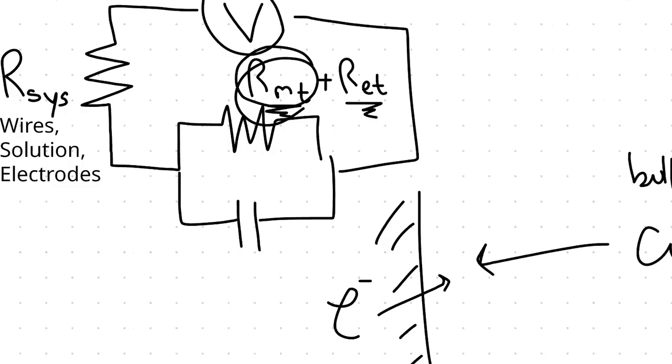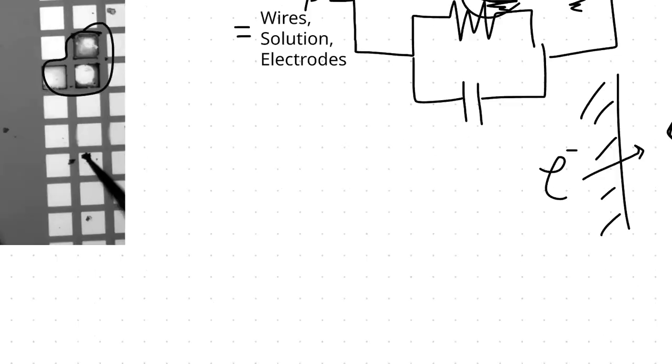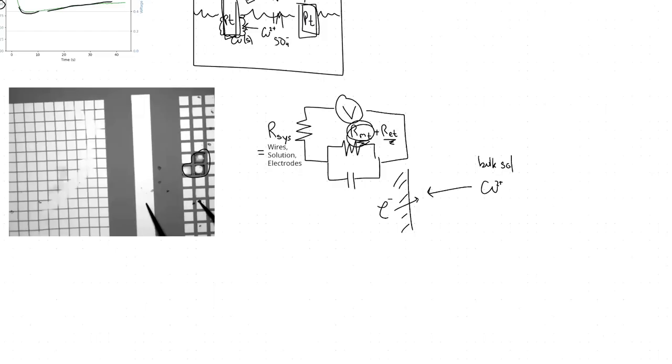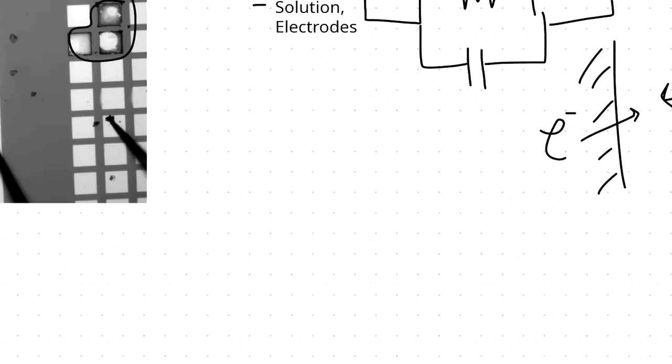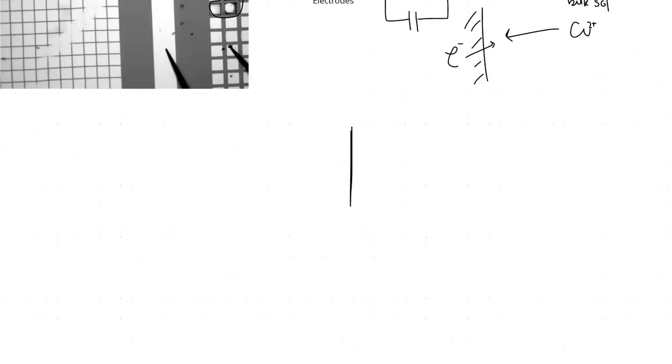But why is it in parallel with a capacitor? Well, to understand that, we need to think atomically about what is going on with our electrode. So let's draw this out. This is one electrode, and our electrode, at least the cathode, is negatively charged because there are electrons going to it.